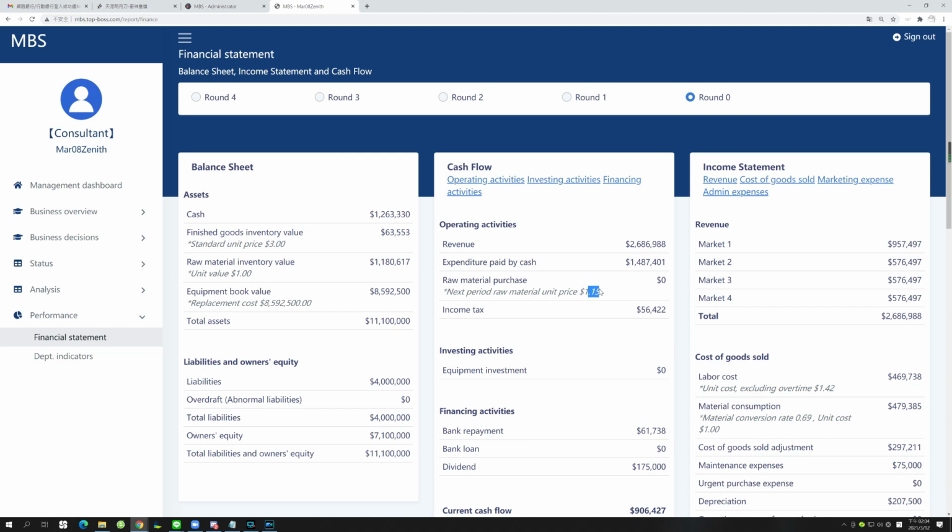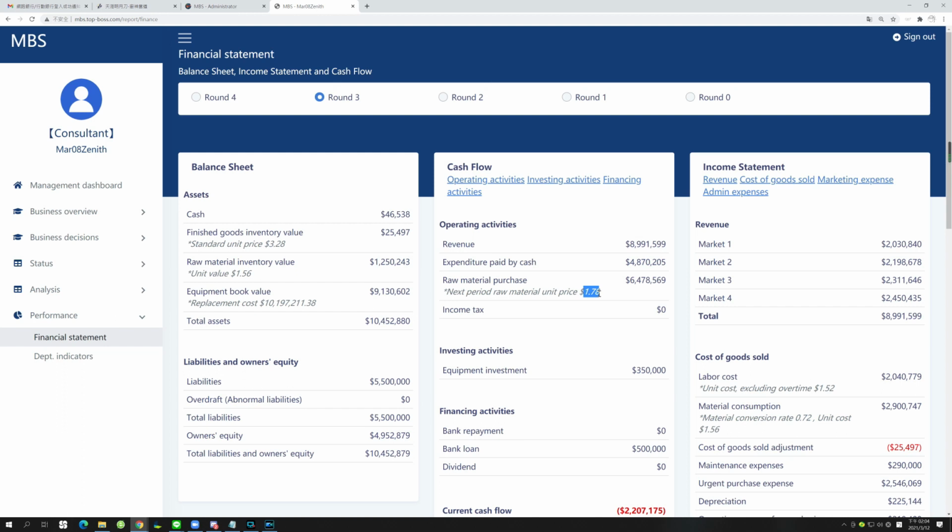When we look at round 1, the material unit price is $1.51 for the next period. In round 2, you can see the material unit price of $1.57 for the next round. And in round 3, it tells you that the material unit price is $1.78 for round 4.